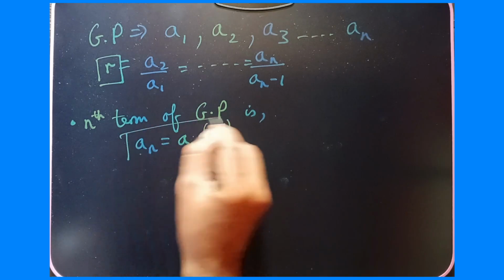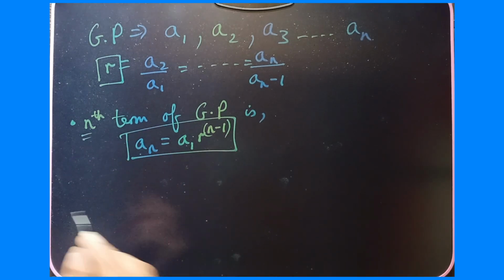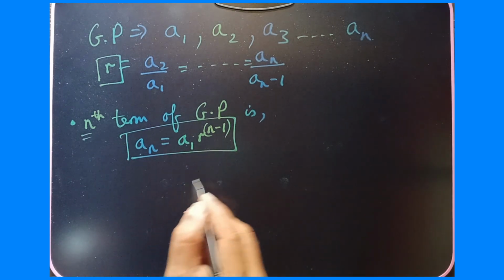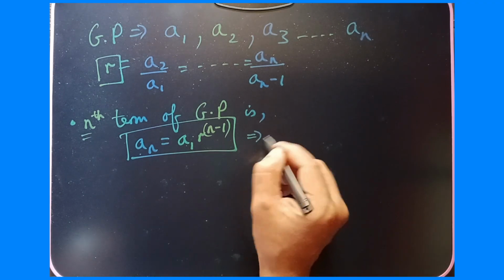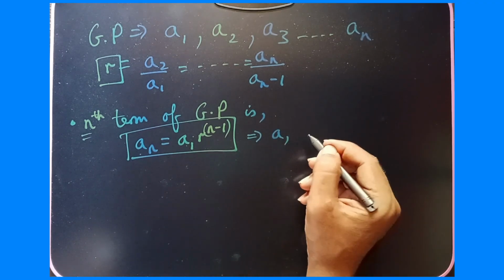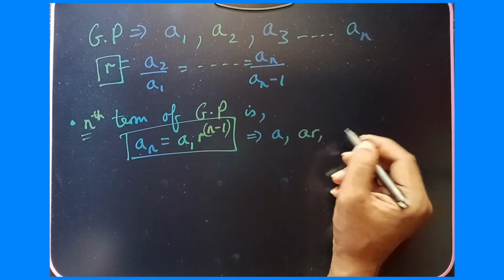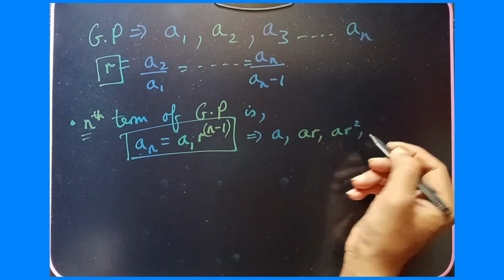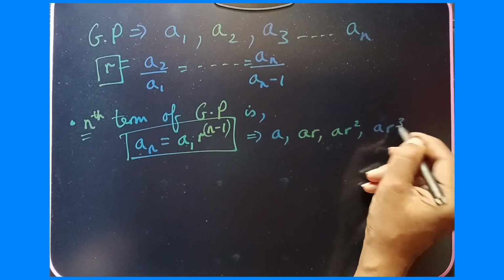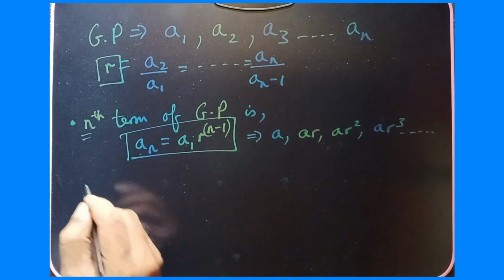This is the formula for the nth term of a geometric progression. So a geometric progression can be expressed as a, then ar, then ar squared, then ar cubed, all the way.